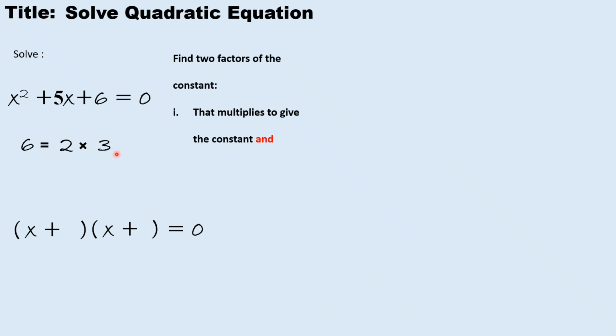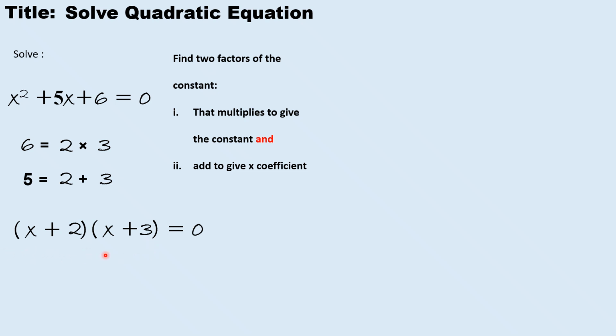Also, these factors should add to give you 5, and 5 is the coefficient of x. Therefore, 2 add 3 is 5. Your factors are 2 and 3. 2 goes in one bracket and 3 goes in the other bracket as well.